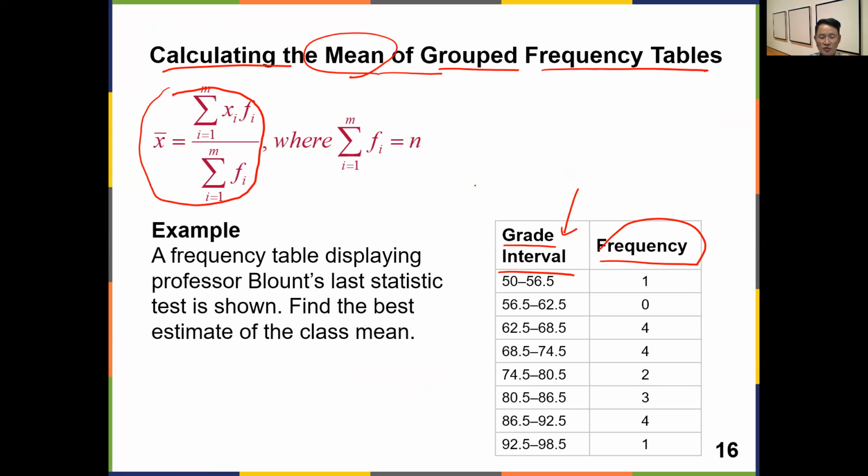So let's talk about this first line. We are to figure out the best estimate of the class mean. We are looking for the mean. What does that first line tell us?